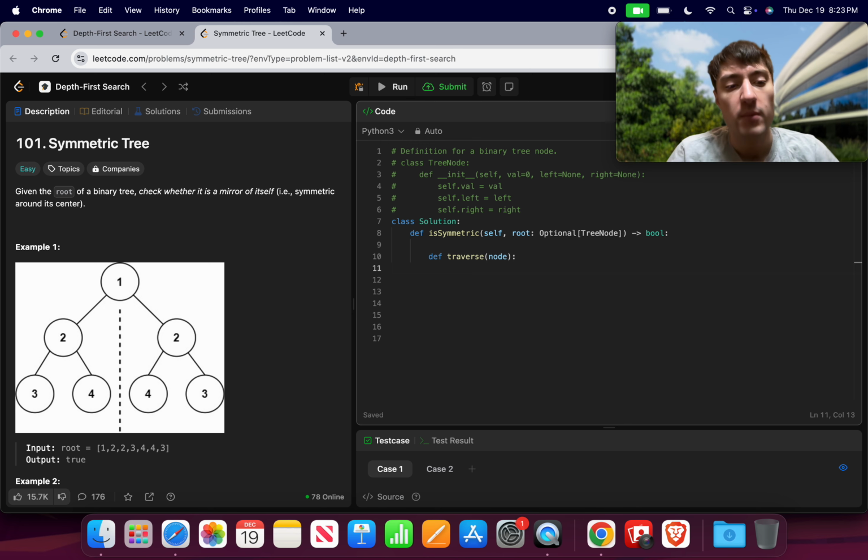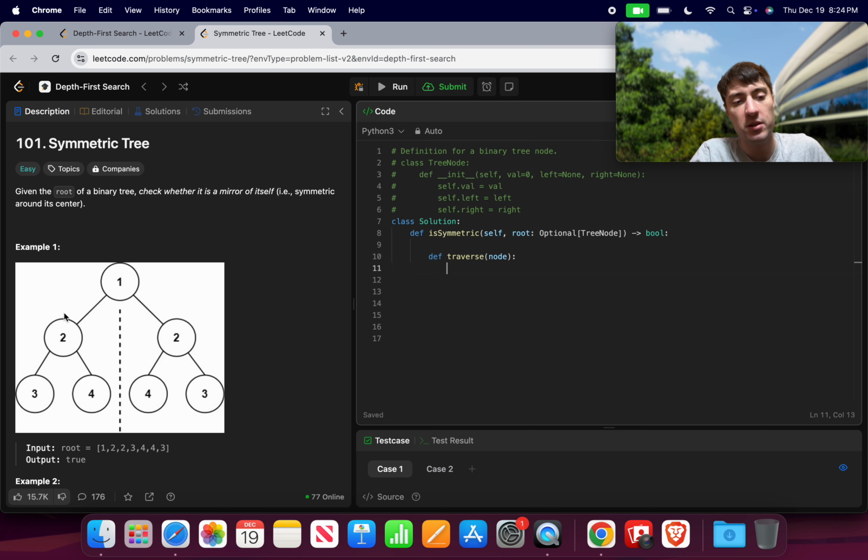The other thing that I'm seeing, and I remember this is what triggered my I think I've seen this before, was that this node here does not need to be a mirror image.